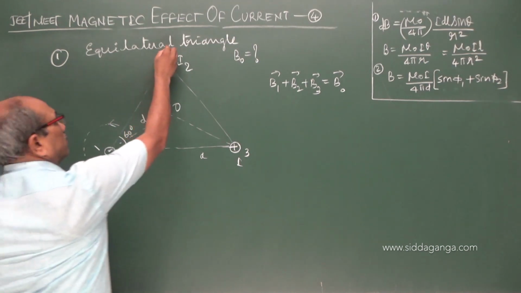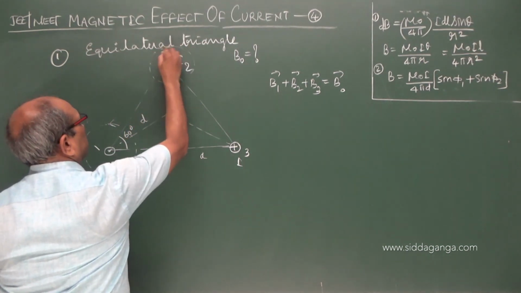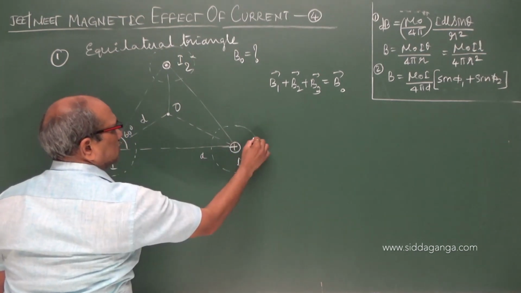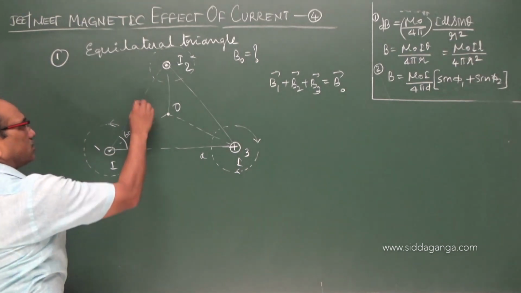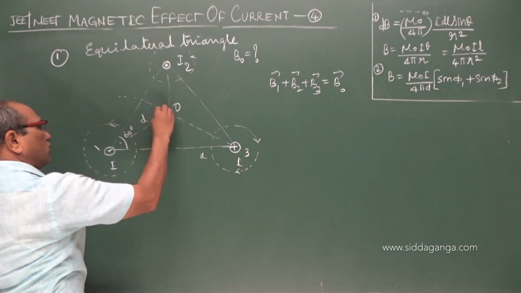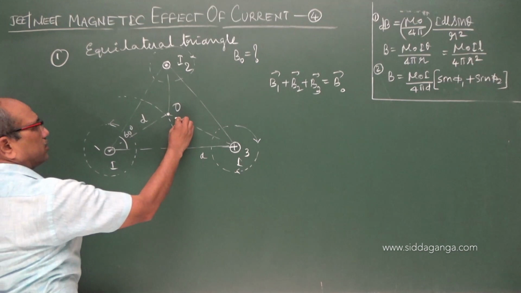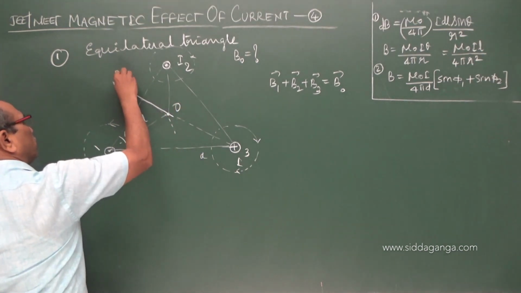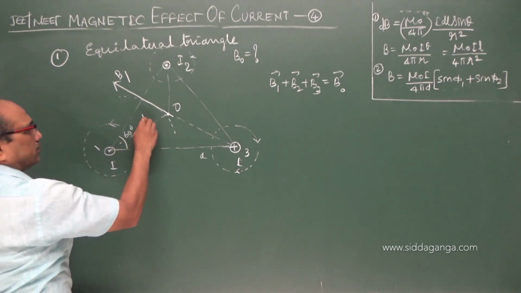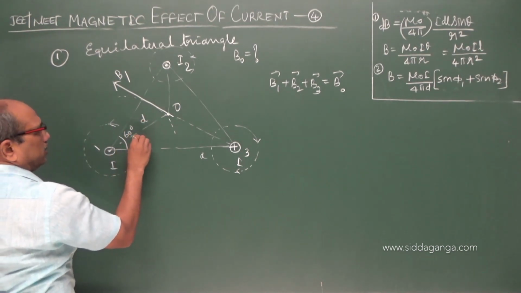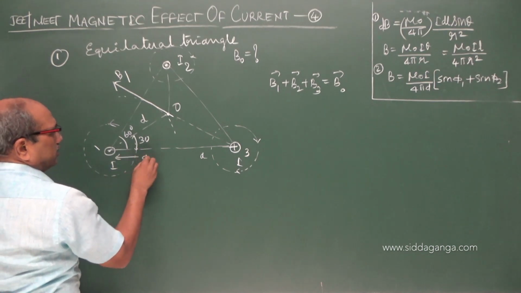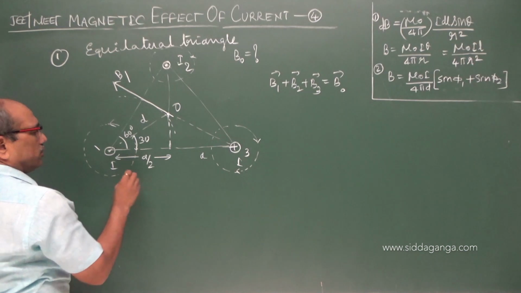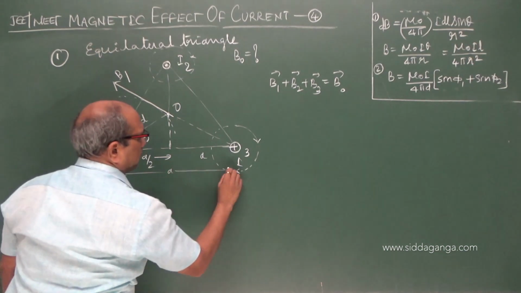If you observe, the field produced by this one is anti-clockwise. The field produced by this one is also anti-clockwise, but that current is into the board. The field produced by the third is clockwise. Continuing the same circle, extended here, the field appears to be in this direction at a distance d, taking this angle as 30 degrees and this length as a by 2, since the total length is a from end to end.